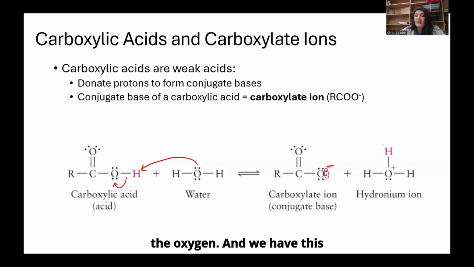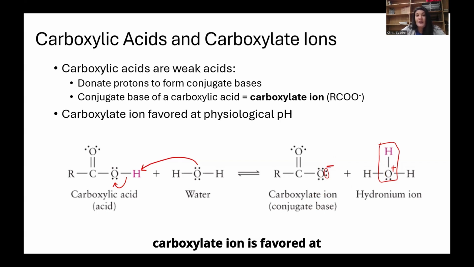And we have this new OH bond on water. That extra bond is now making the oxygen positive. So our conjugate base of the carboxylic acid is this carboxylate ion, which has one less hydrogen and a negative charge on the oxygen. The carboxylate ion is favored at physiological pH, so the pH of your body.